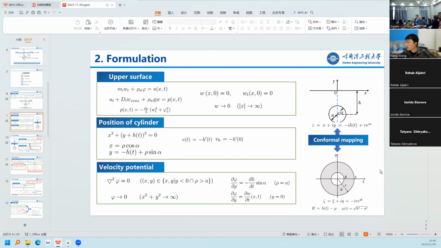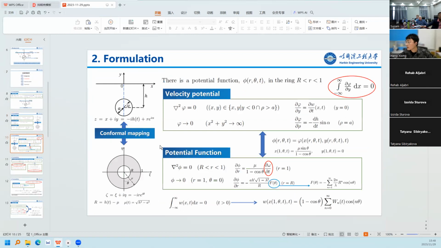You mean this one? There's the velocity potential in the original flow region, and it corresponds to a potential function in the ring region. Okay, thank you.